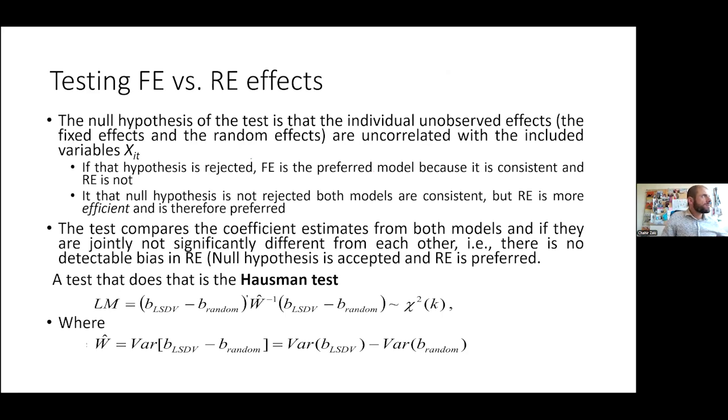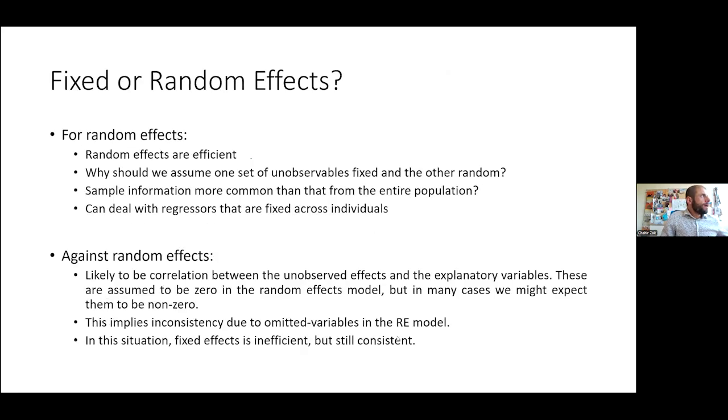So to summarize, in general, random effects are efficient if they are unbiased, but if they are biased, I cannot rely on them, because in this case efficiency does not matter. The fixed effects are in general more likely to be unbiased, right?